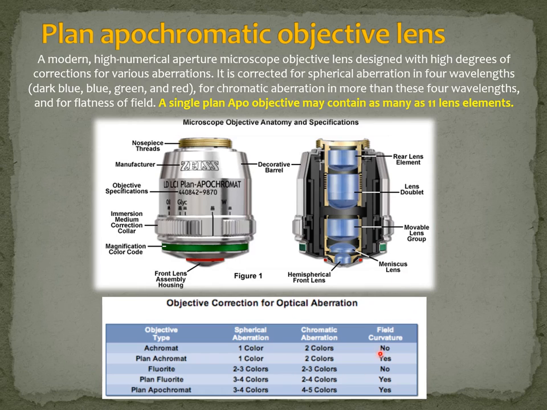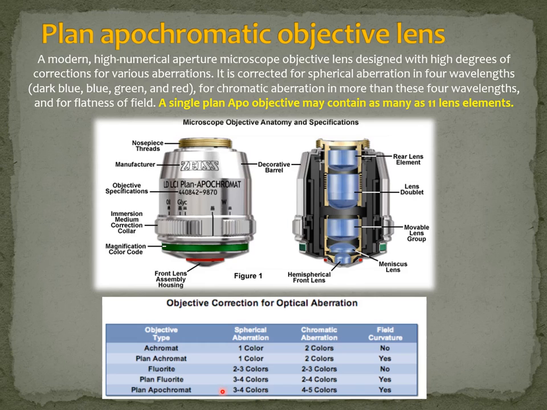I've included this table for you to appreciate that the achromat type of lens corrects spherical aberration for one color and chromatic aberrations for two colors, and you can see the plan achromat. It's capable of doing the same thing, but it also corrects the field curvature that I had no time yet to mention to you.